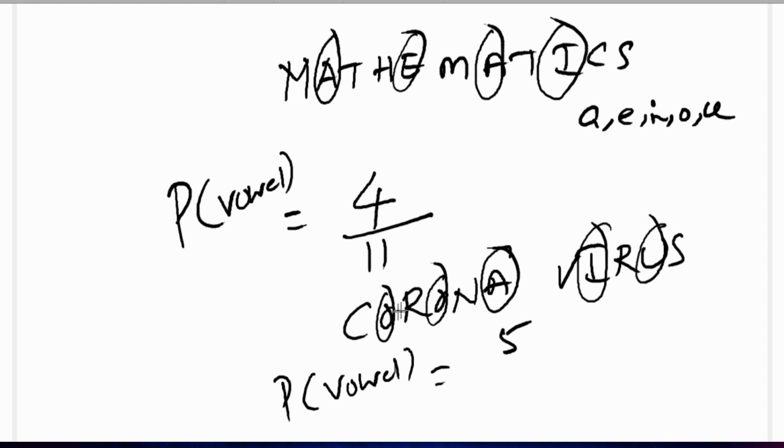Total letters: 1, 2, 3, 4, 5, 6, 7, 8, 9, 10, 11. So it is 5 by 11. Clear? So maybe they will give a word and ask for the probability of getting a vowel or, of course, consonants. They may ask the question in the examination. You have to practice it. That's very, very important. Clear?